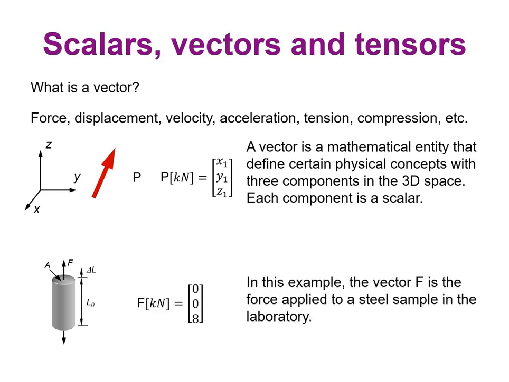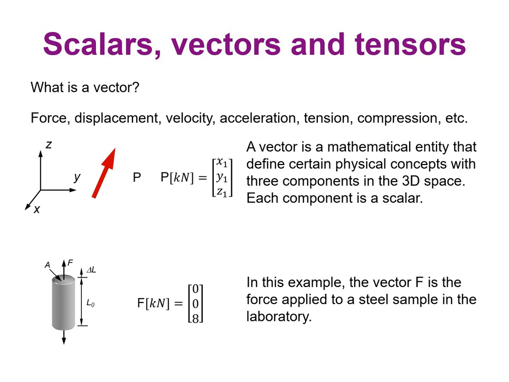For example, this vector F in kilonewtons is the force we apply in a tensile test of a steel bar, and this is the particular example of a vector expressed as a column matrix. This is just one way of defining this mathematical entity.